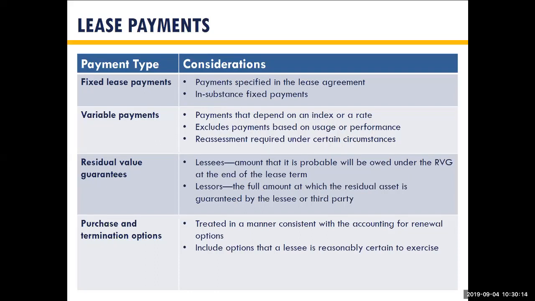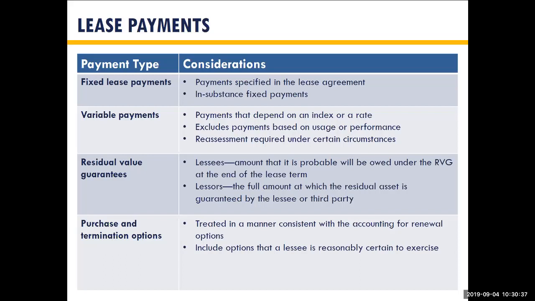And then purchase and termination options. So if you're reasonably certain, going back to that word that we used before, to exercise a purchase option within the lease, the amount of that purchase option will be included in the present value of the lease payment. So it'll show up as a liability on the balance sheet.